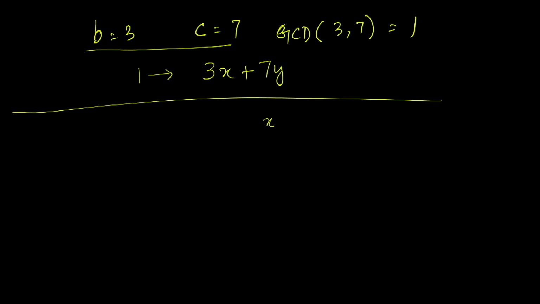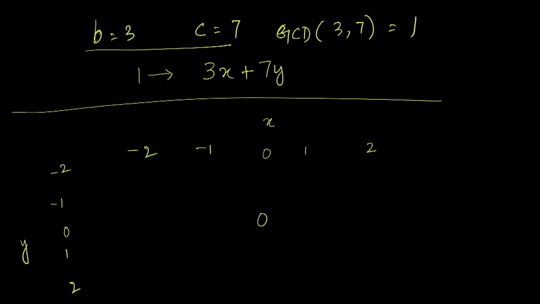So, let us consider the various possible values of x and various possible values of y. When x equal to 0, y equal to 0, we have the linear combination evaluating to 0.